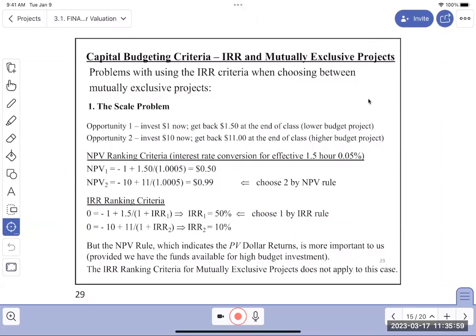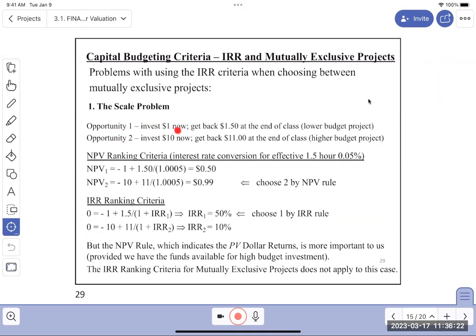This happens for 2 possible reasons. One problem is called the problem of scale. The other is a timing problem. In the scale problem, it's the size of the project. For instance, if you want to choose between these 2 alternatives, which one would you pick?